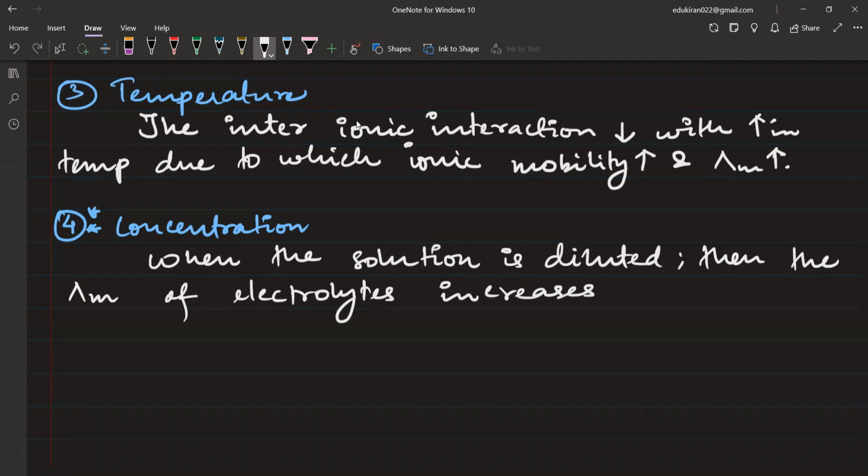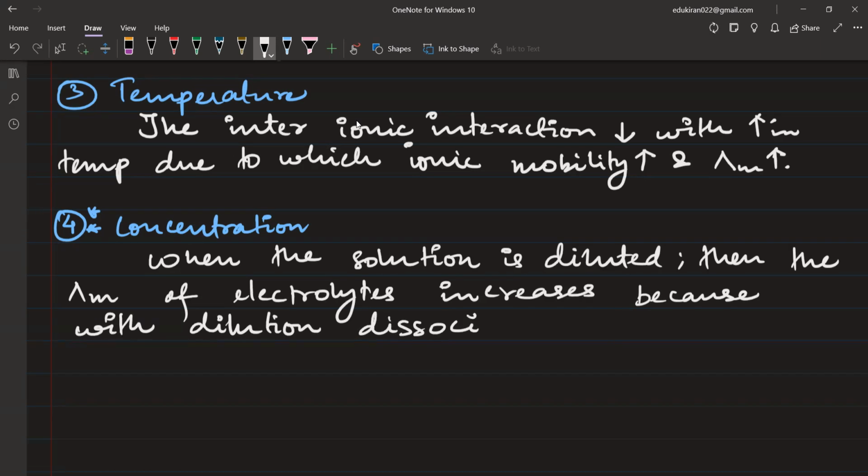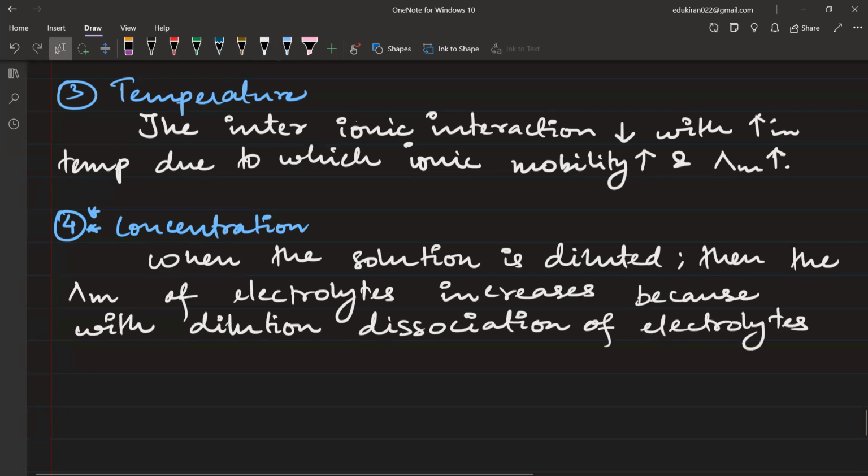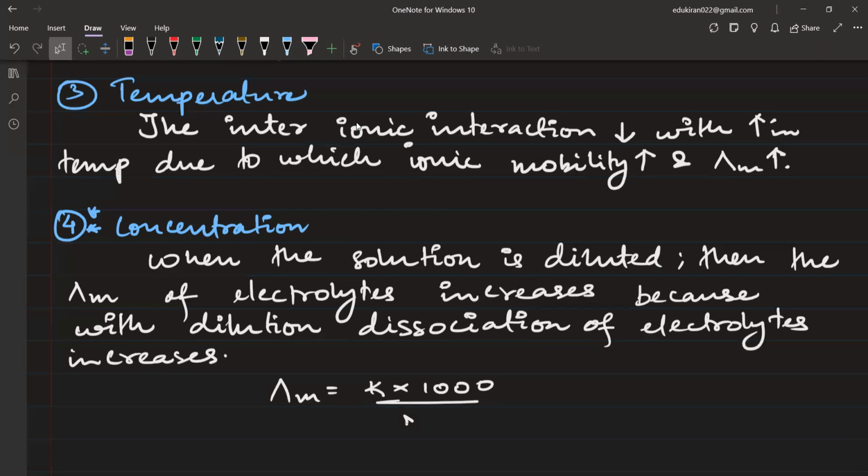because with dilution dissociation of electrolytes increases. और ये चीज आपको फॉर्मूले में भी दिख रही होगी. See, lambda m is equal to what? Kappa into 1000 divided by molarity.